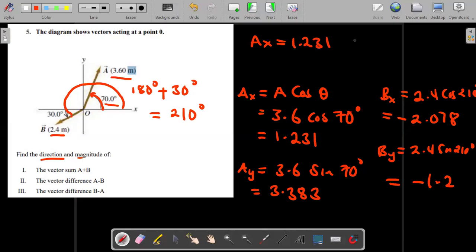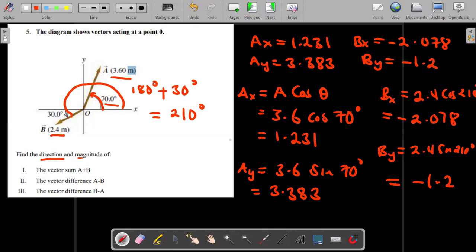Then I have BX to be equal to negative 2.078. Then I have AY to be equal to 3.383. Then I have BY to be equal to negative 1.2. So those are my components.